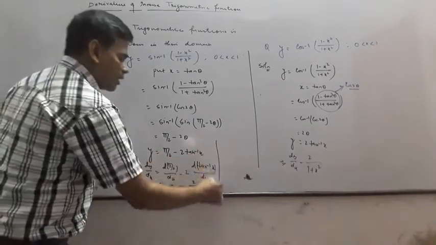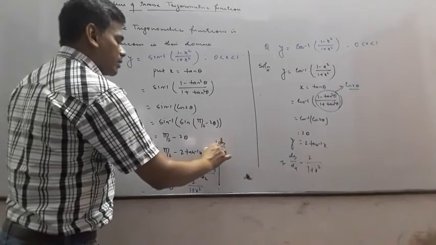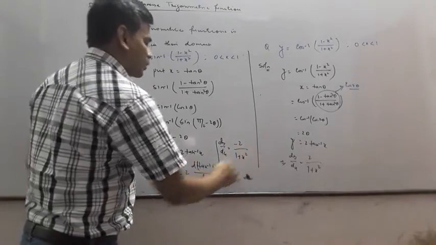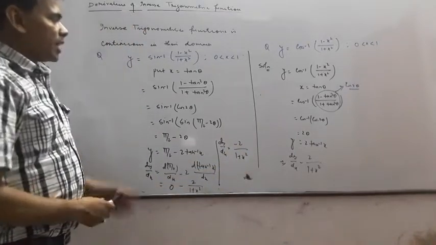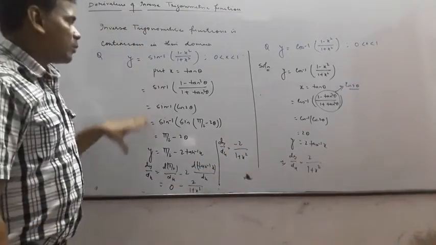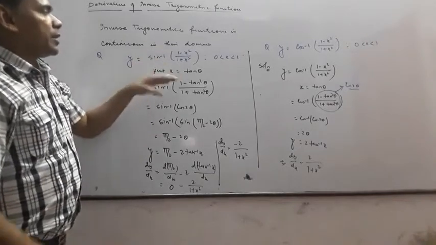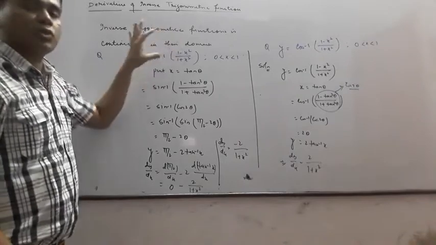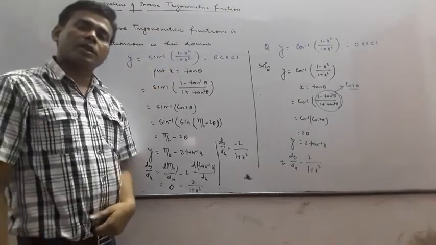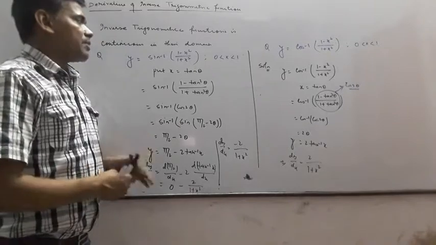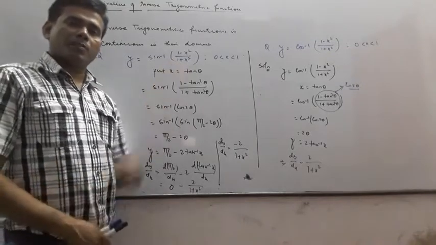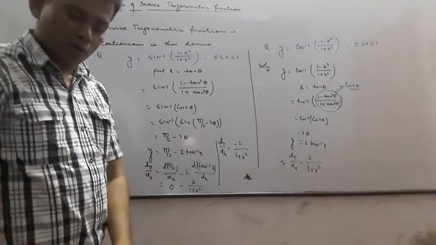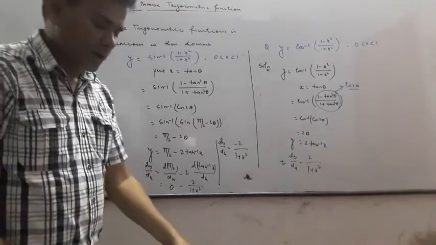You see it is very simple: dy by dx equals minus 2 by 1 plus x square. I suppose you understand what I said. Once again I remind you, for such an algebraic expression, check what to substitute to convert it into a suitable trigonometric formula, because after that you can get the answer immediately. Let us solve some more questions on inverse trigonometric ratios.